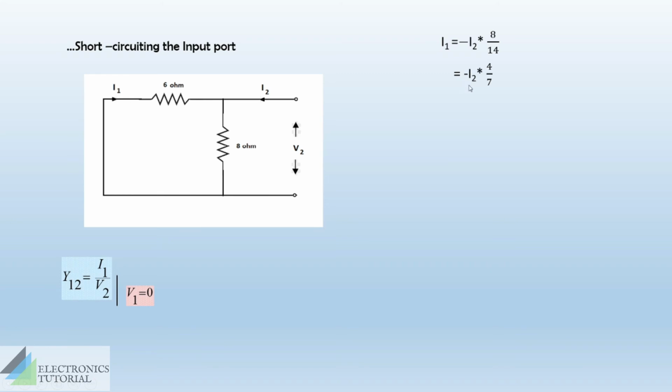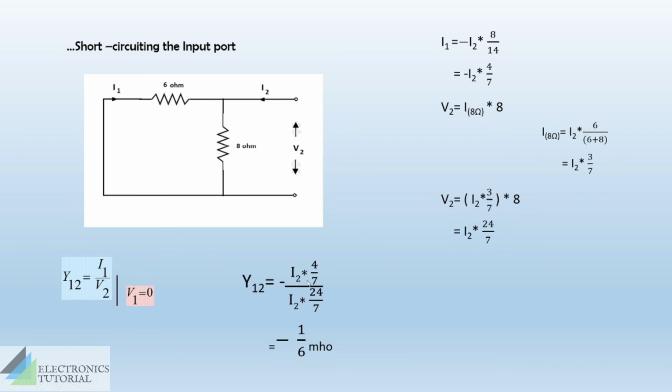Here also we have put a negative sign just to indicate the reverse current direction. Here the numerator and denominator of Y12 expression has now become in terms of I2. We'll now complete the relation.